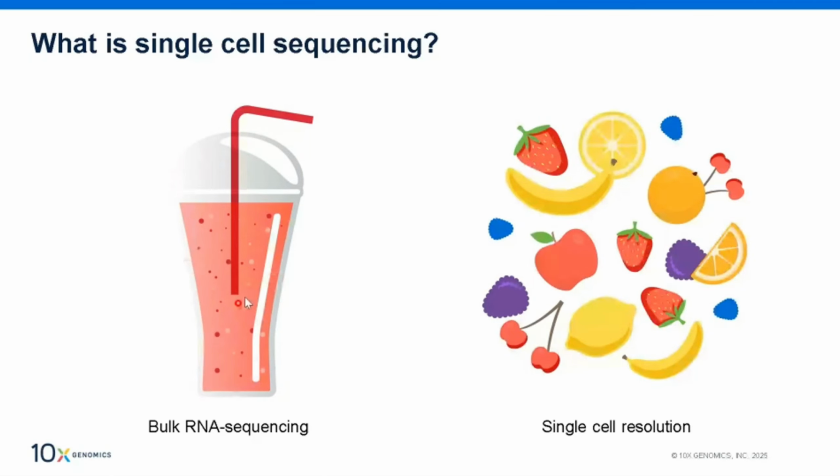However, we are not certain. By using single cell sequencing, we get better resolution. It's like we are eating just the apple or the strawberry or the banana by itself. Then we can have a better separation.